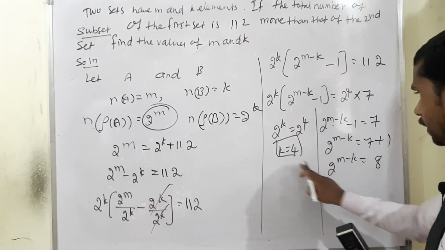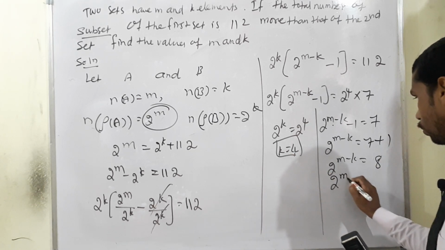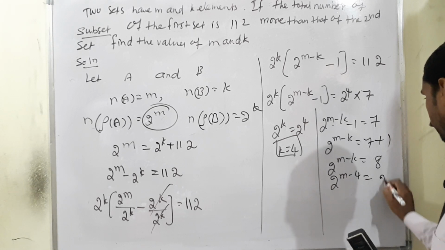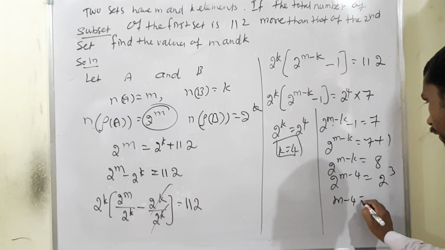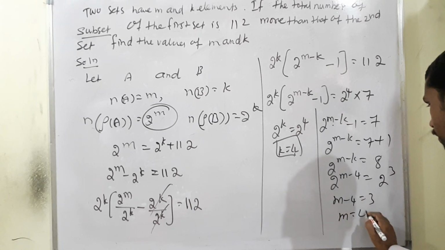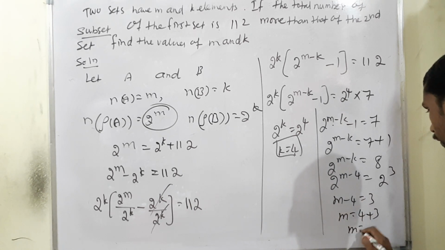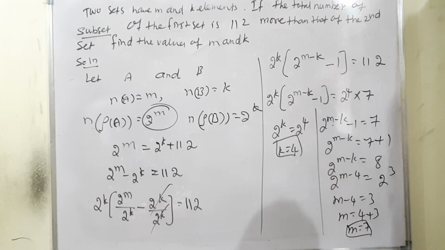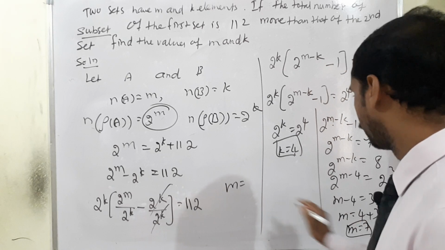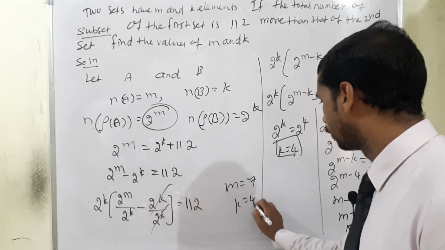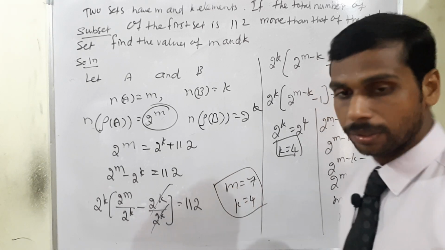Already we found k is equal to 4. So 2 power m minus 4 is equal to 8, we can write 8 as 2 power 3. Therefore, m minus 4 is equal to 3, means m is equal to 4 plus 3. Therefore, m is equal to 7. So according to the question, find the value of m and k: m is equal to 7 and k is equal to 4. Okay, I will continue the next question.